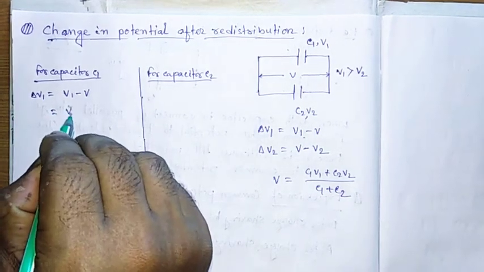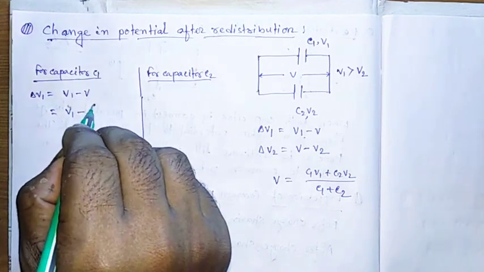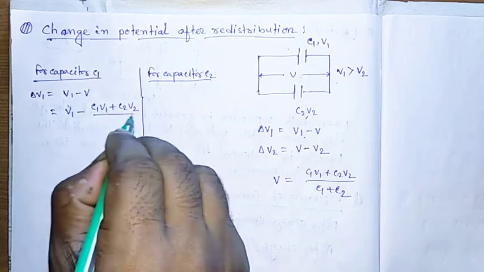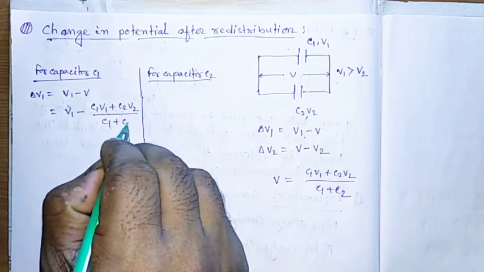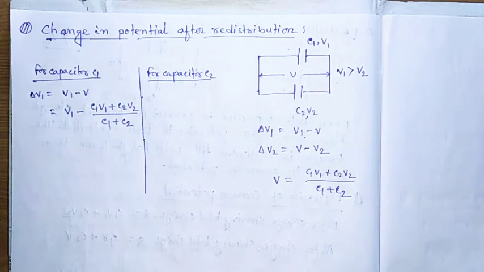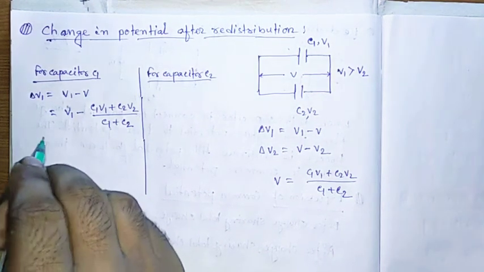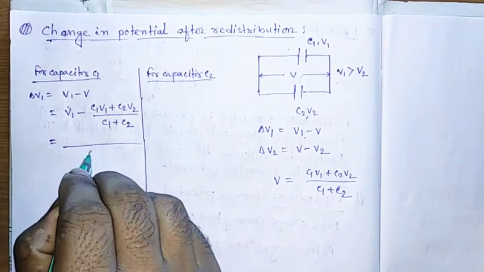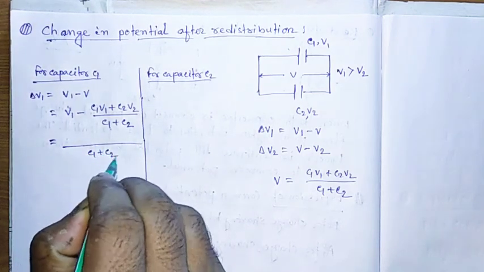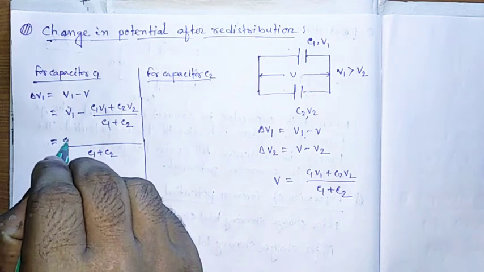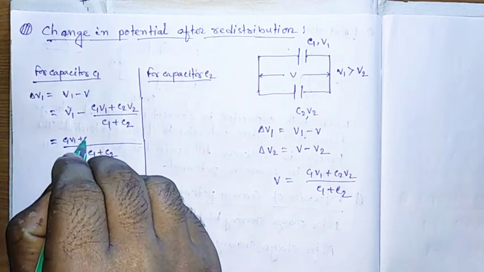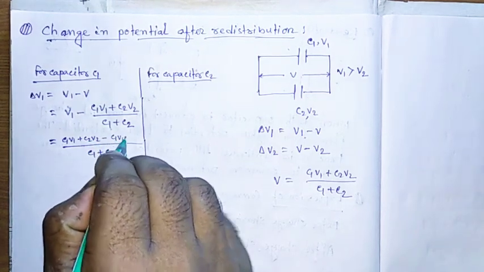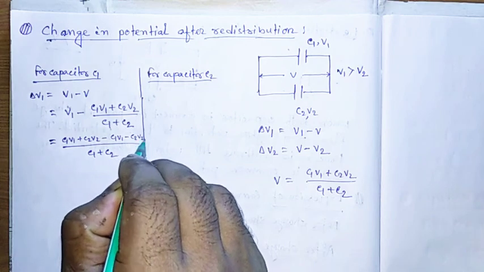By putting in the value of V, taking the LCM C1 plus C2, we get C1 V1 plus C2 V2 minus C1 V1 minus C2 V2 in the numerator.